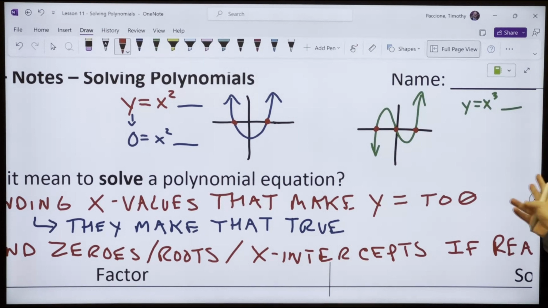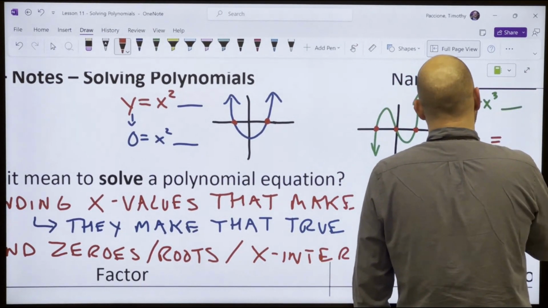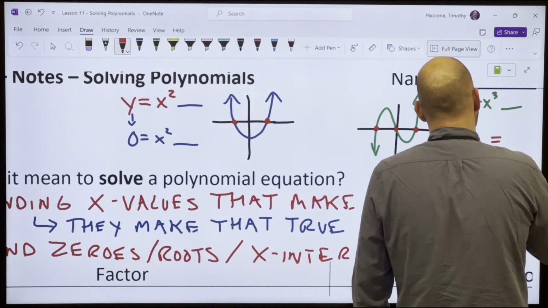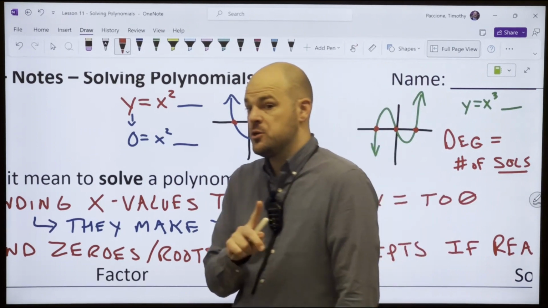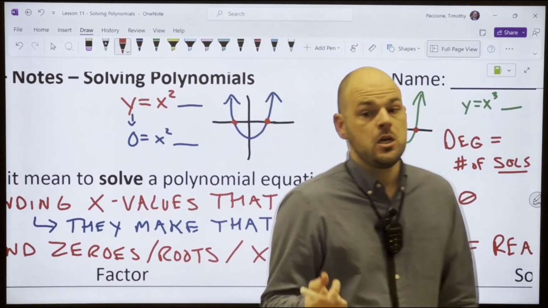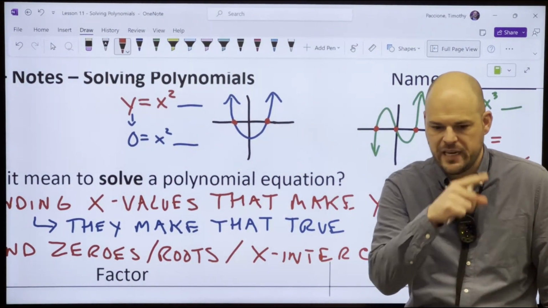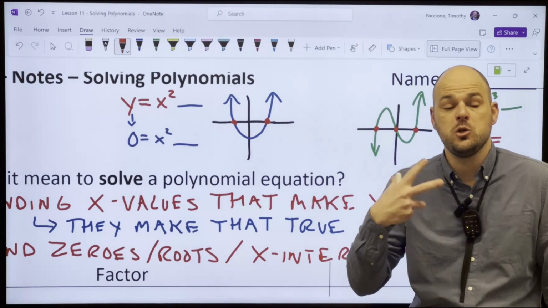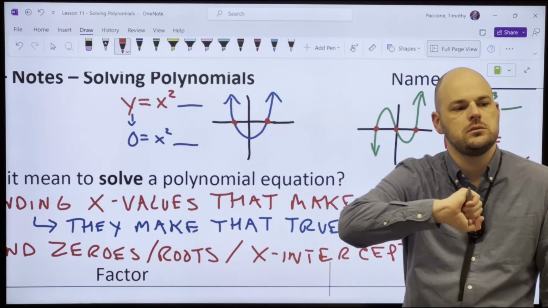Exactly. The degree equals the number of solutions. Okay? That's a great way to check your work, to make sure you found them all. If you're doing an x to the 4th and you found 3, go back, you might have missed something. Maybe you lost something along the way, you forgot to bring it down. But you should get the same amount of solutions as your degree.